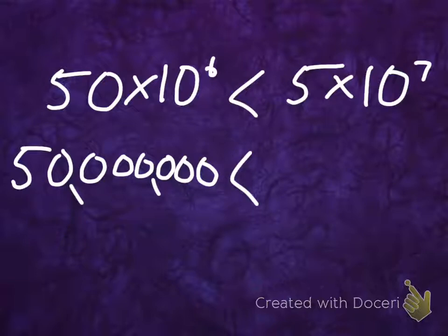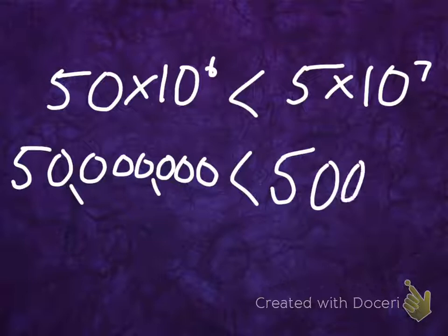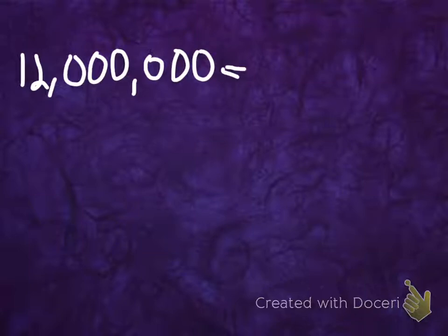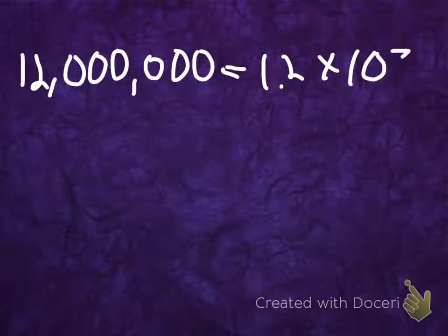If on another one, I'm going to move my decimal 7 times to the right, which is going to give me 7 zeros. So is 50 million less than 50 million? No, they are the same number. So A is not true. On B, you've got 12 million is equal to 1.2 times 10 to the 7th.